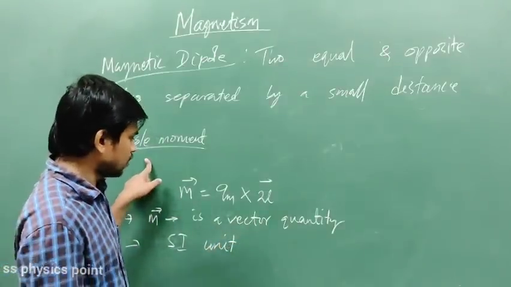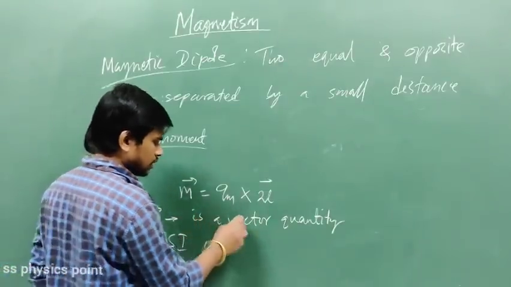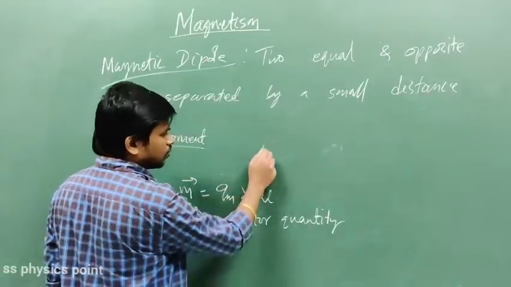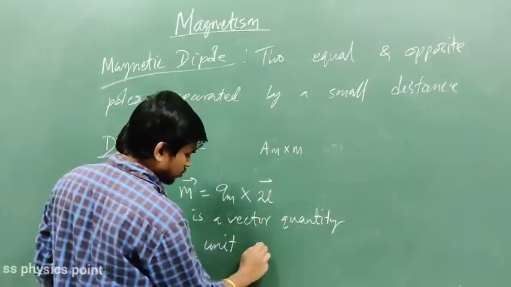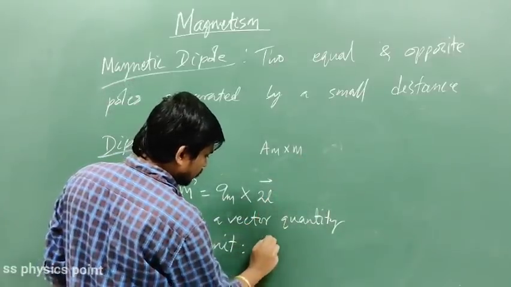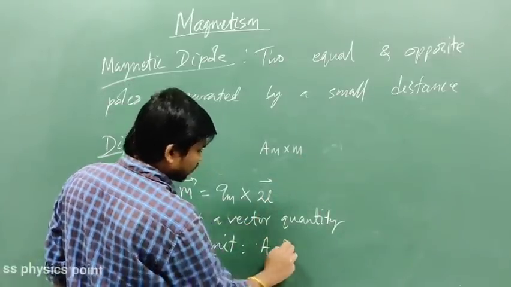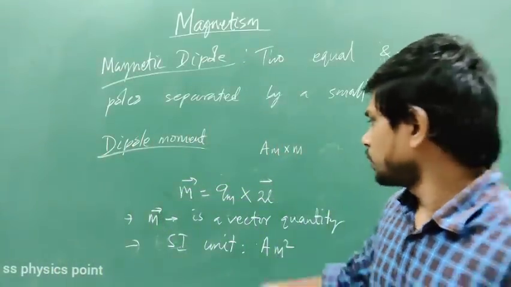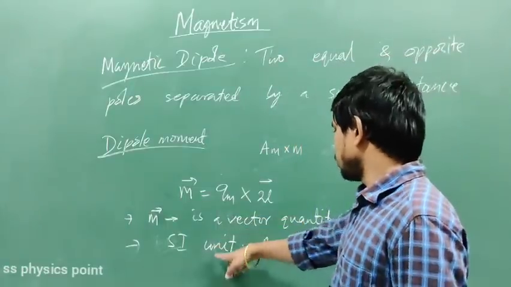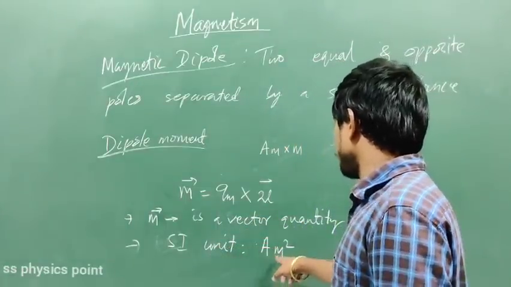The pole strength qm is ampere meter, and into meter, so the unit is ampere meter square. Just write these two things, they may be asked as a short question. So the SI unit is ampere meter square.